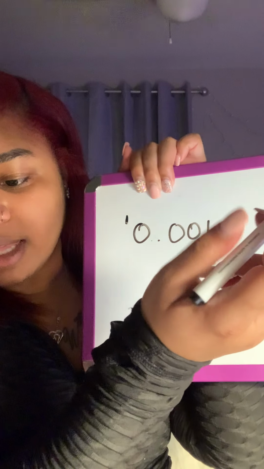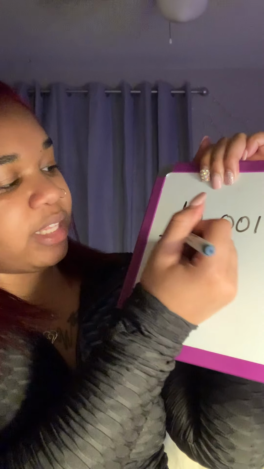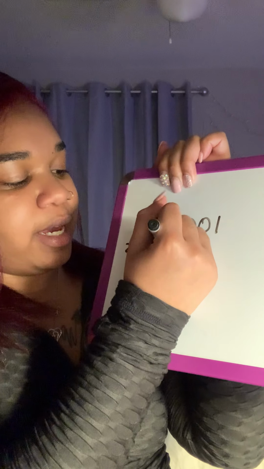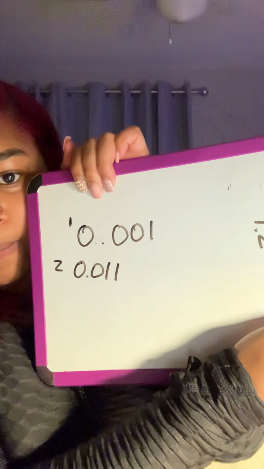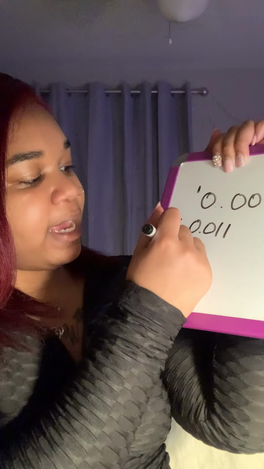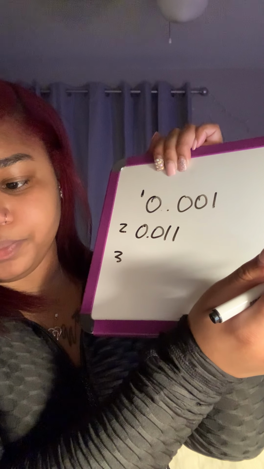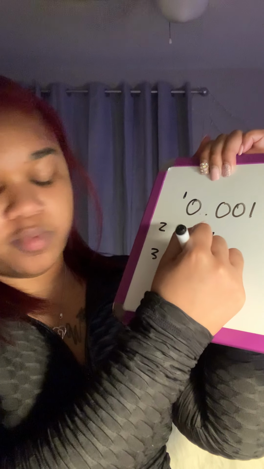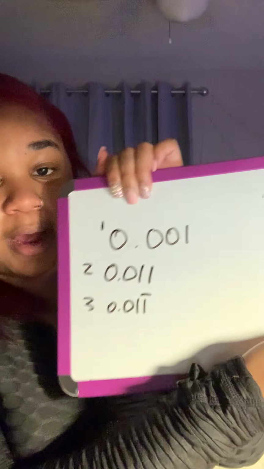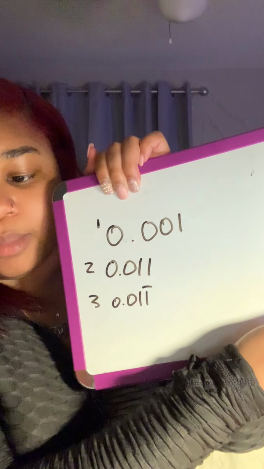Okay? And then for number 2 in the list, it's going to be 0.011. And then for number 3, it's going to be 0.011 with the line on it, because it's a repeating number.